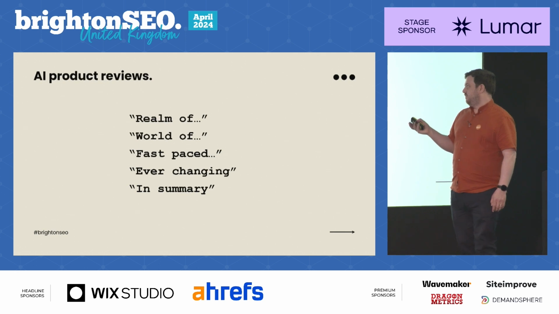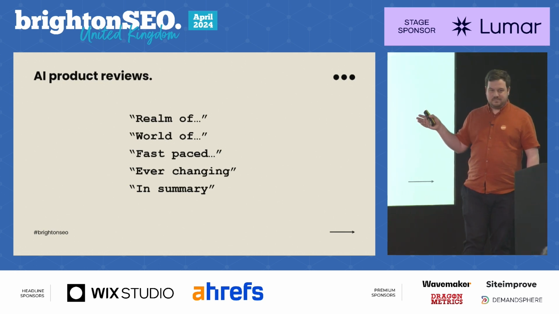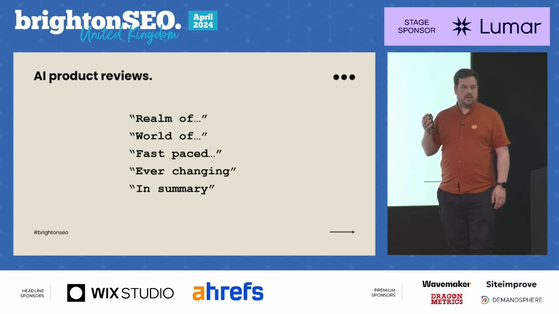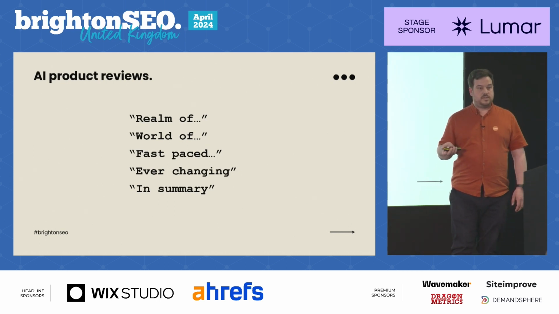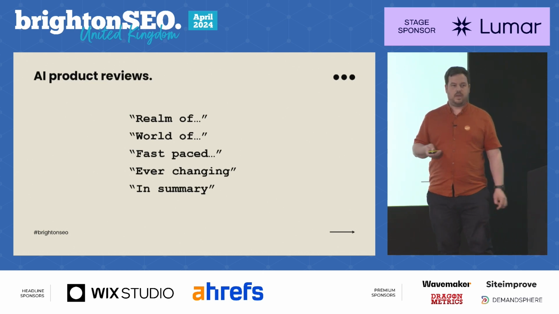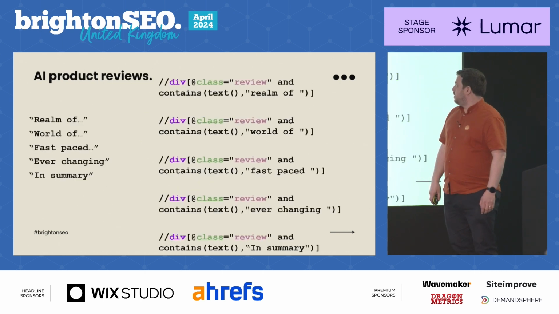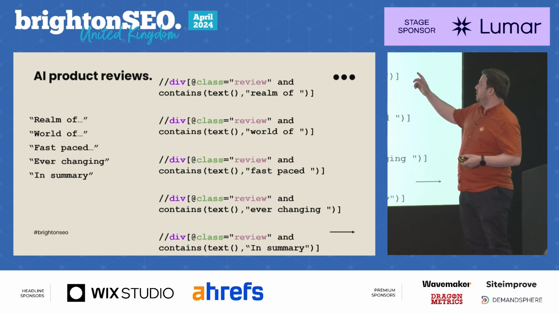Now, most of you will probably be aware of phrases like this. If your website is reliant on a lot of UGC or cheap content writers, then crappy AI is a problem you need to be aware of. So we can create Xpath for each of these.